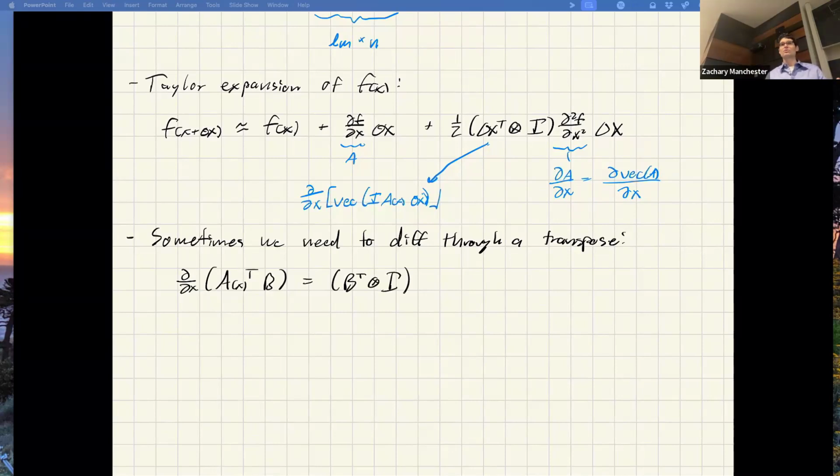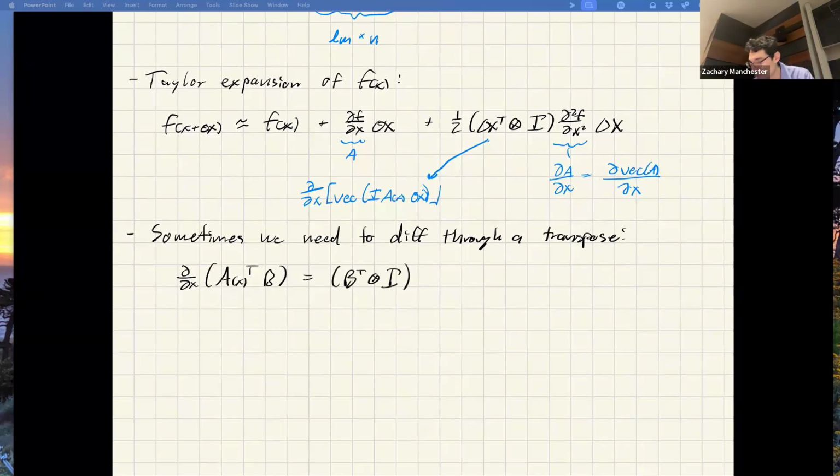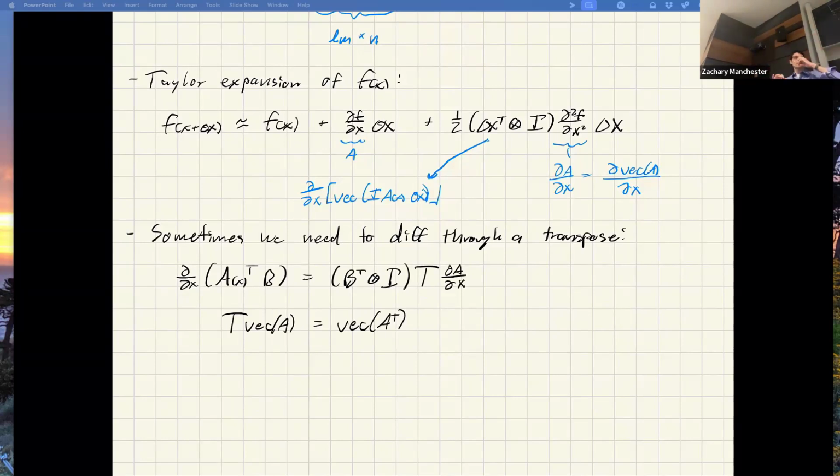So what I'm going to do right now is define a matrix. We're going to call it capital T, that literally maps dA dx. This is defined such that T times vec of A equals vec of A transpose. So it's basically a permutation matrix that permutes the vec of A to look like vec of A transpose.